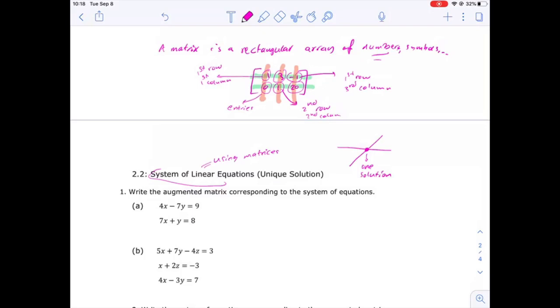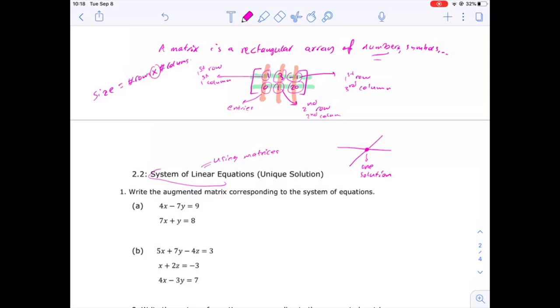Now, another important thing is the size of a matrix. What we mean by size is number of rows by number of columns. This is not an operation, this is just a symbol.